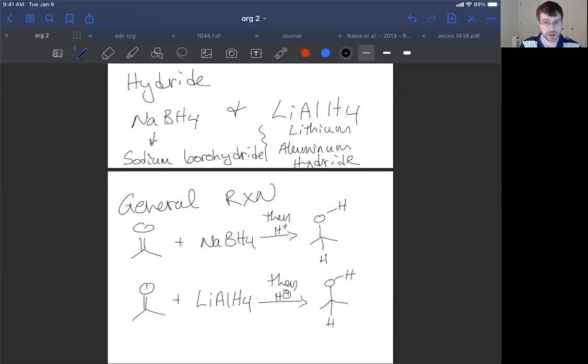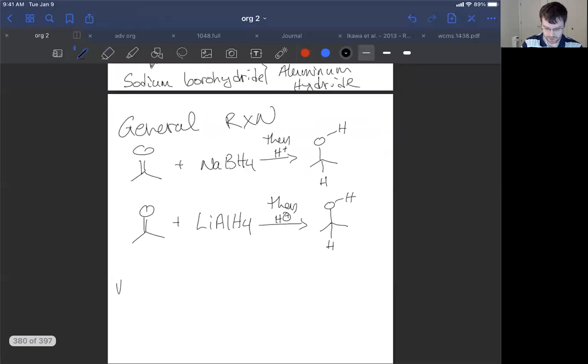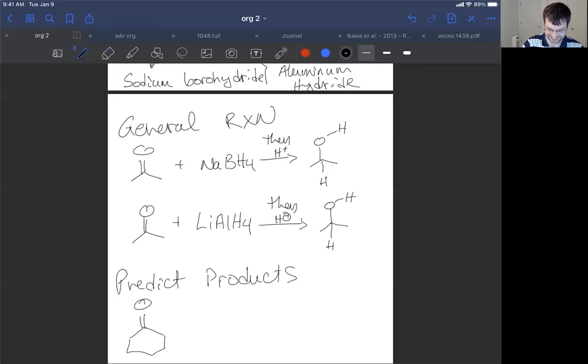So if you predicted products, you would just show products where you erase the double bond on a carbonyl and replace it with a hydrogen on the oxygen. The other hydrogen is just an implicit hydrogen that you don't have to draw. Okay, so if you predict the products, let's do something more complicated.